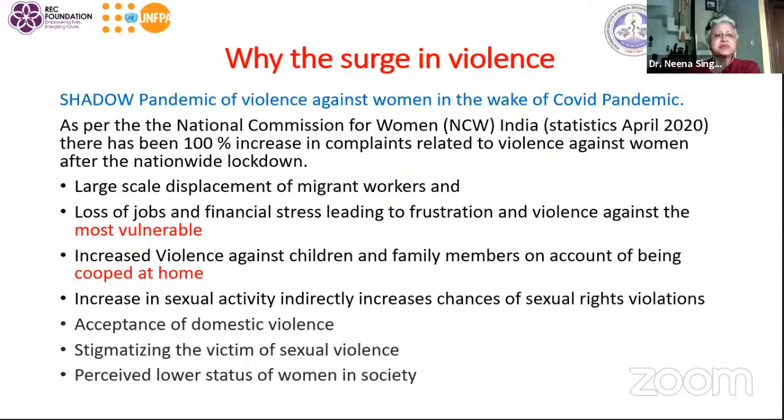The victims of sexual violence normally don't come out with their victimization, because they feel they'll be stigmatized and they'll be blamed for the actual violence. Perceived lower status of women in society. This is an eons-long problem, because since many ages, women have been at the lower rung of society, and they have had to face this violence.